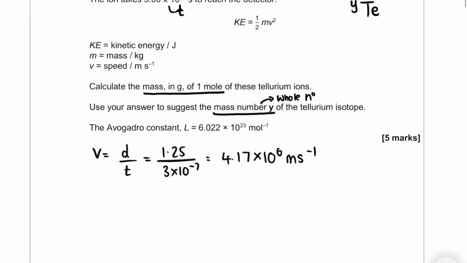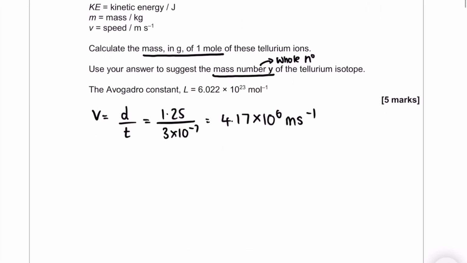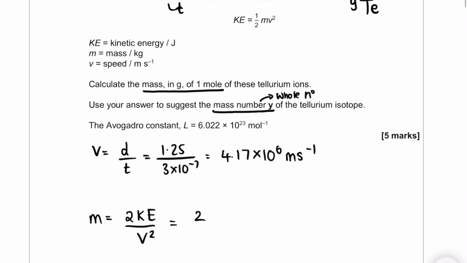We want to rearrange the expression for kinetic energy to say m equals. So m equals 2 times kinetic energy divided by v squared. So 2 times 1.88 times 10 to the minus 12 divided by the answer on our calculator screen. And don't forget to square it.